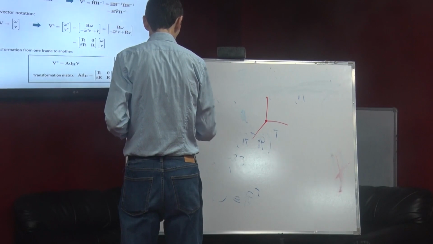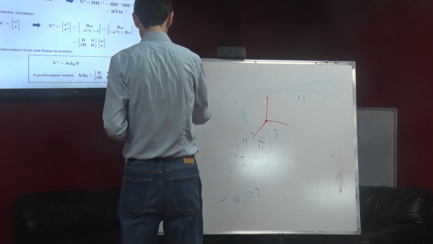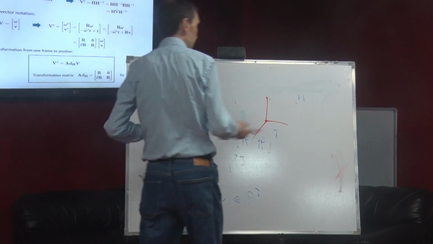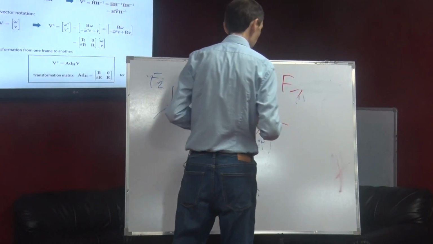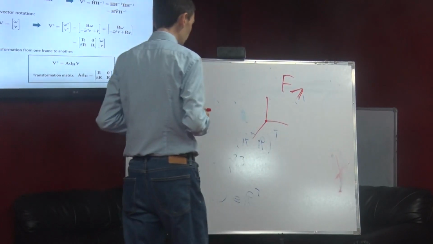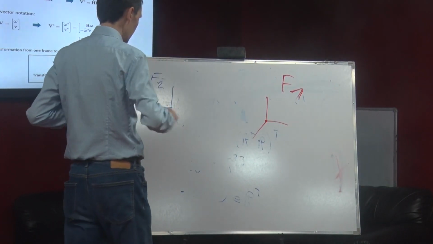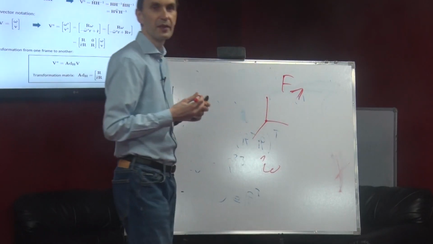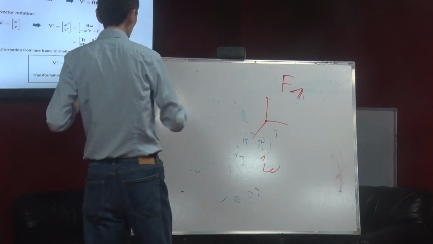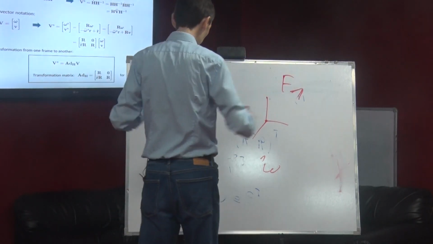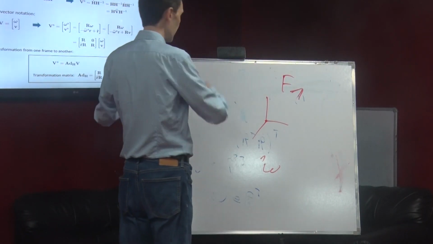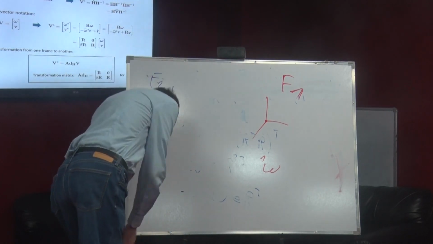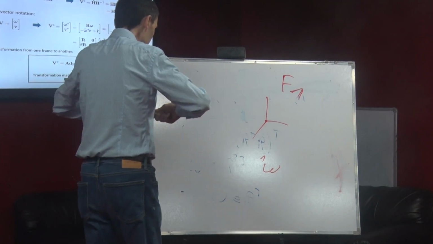Then we have another frame. Let's say this is F2 or whatever, and that's F1 for example. And we have omega expressed in the one frame. And what I'm saying is this is all one body. So the whiteboard is floating around and rotating and turning and so on.